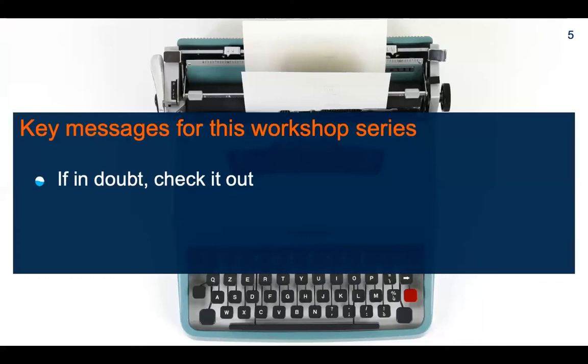But there are going to be key messages from this workshop series. And I think there are two key messages I would tell anyone as you are writing and editing your work before submitting it. My first piece of advice would be, if in doubt, check it out. So if you're unsure of anything, for instance, a certain fact or a figure you're writing about, make sure to go back to the publication and check it is correct.